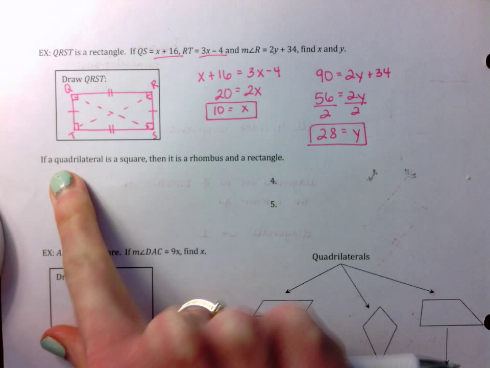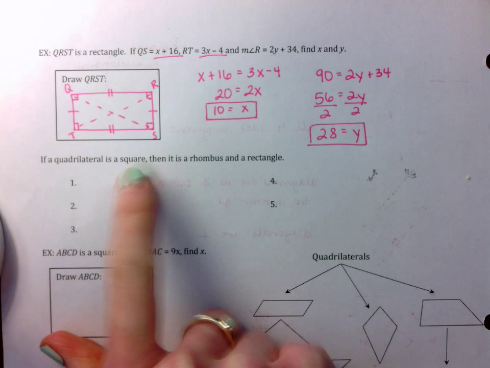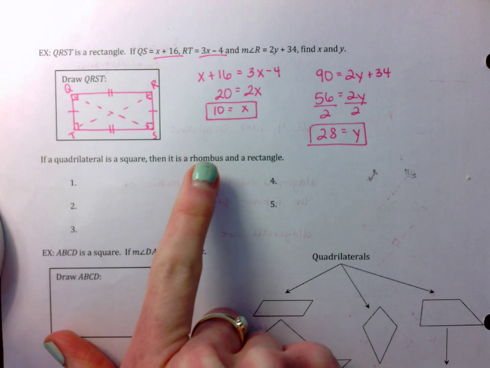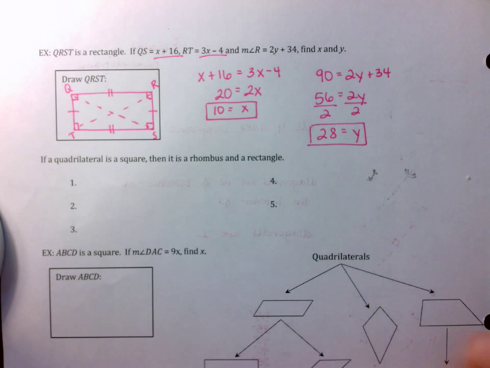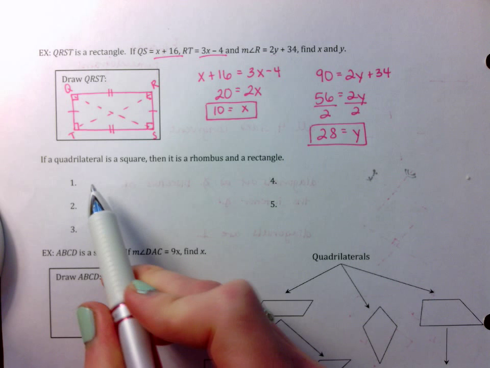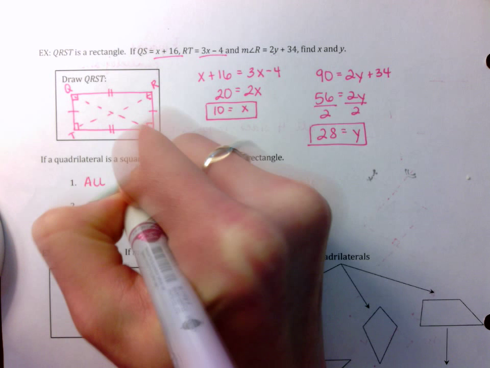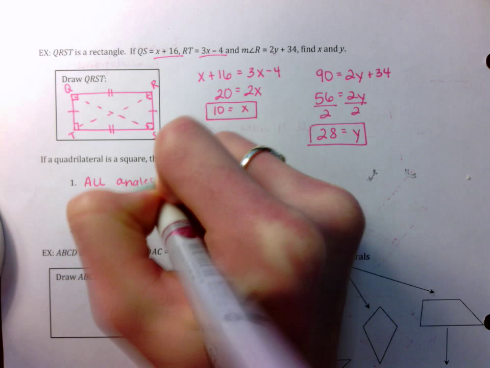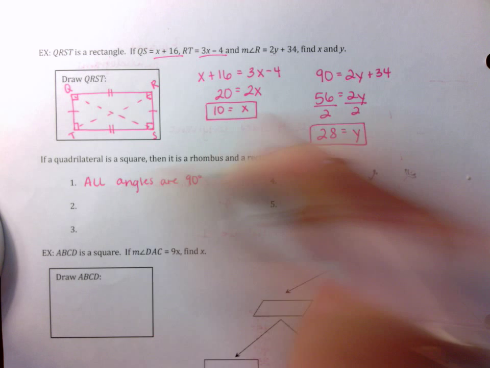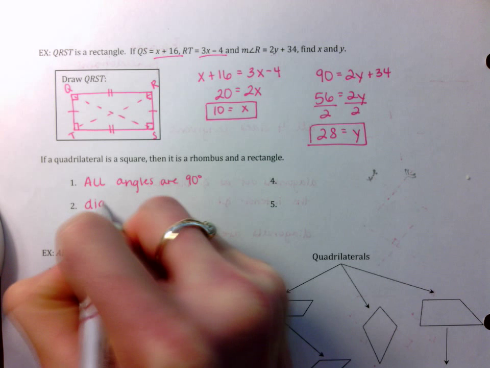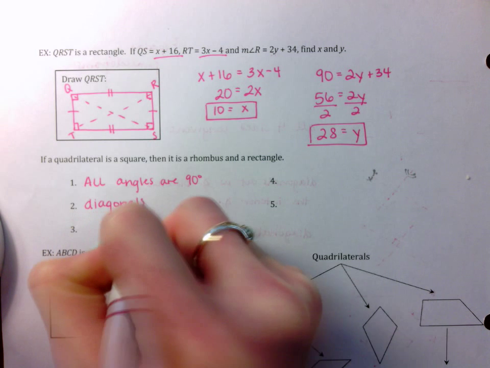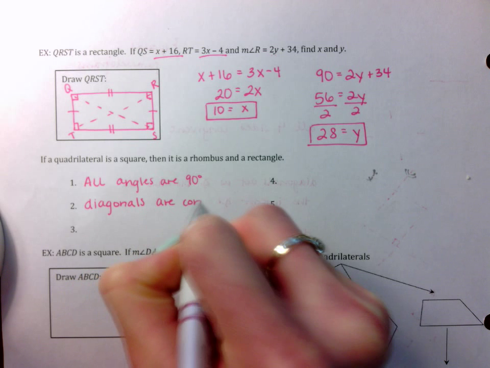I didn't realize it was back here, but if a quadrilateral is a square, then it is both a rhombus and a rectangle. It shares those. So I'm just going to summarize the properties for you. So all angles are 90 degrees in a square. You know this. Diagonals are congruent.